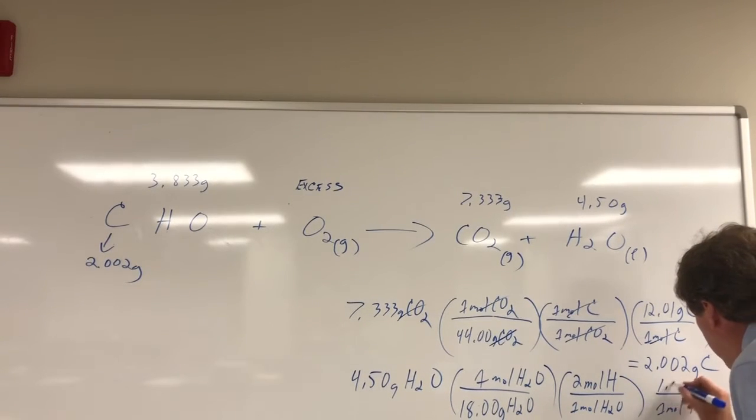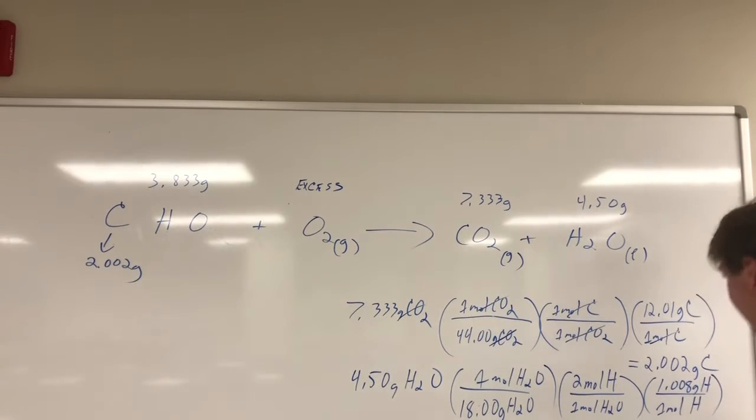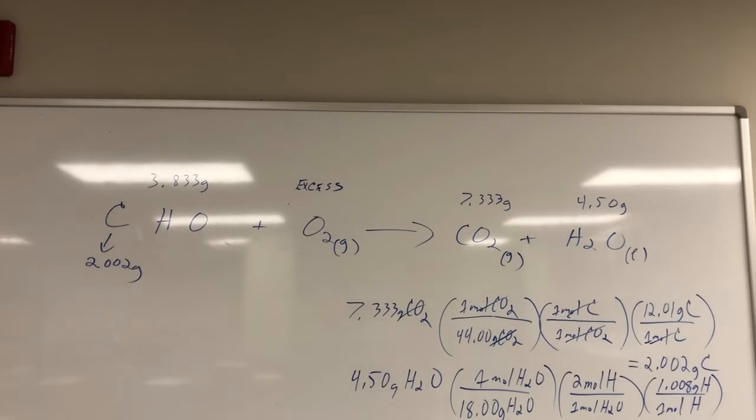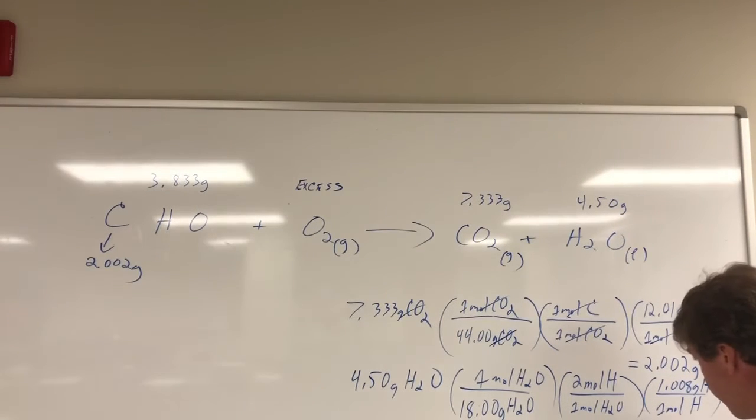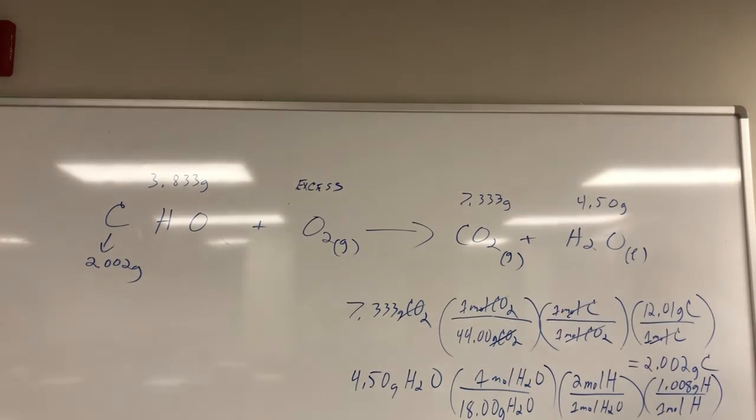It is 1.008 grams of hydrogen. Let's calculate that quickly. I'll do it kind of quickly, so 4.5. And I'm left here with 0.504 grams of hydrogen.